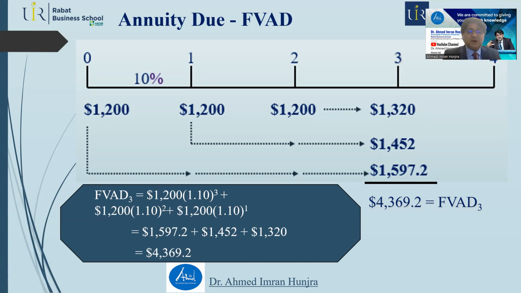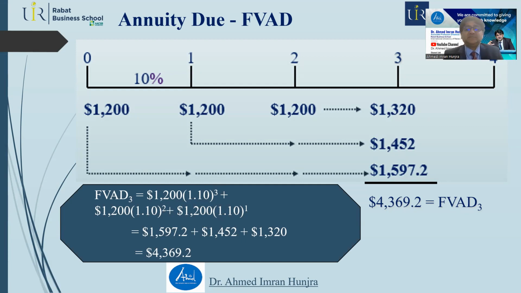So the more the power, the more the time period, the more the value. With power 3 we get a bigger value, with power 2 a smaller value, and with power 1 an even smaller value. In the end, after finding these values, we add these future values of the cash flows, which gives us the sum.